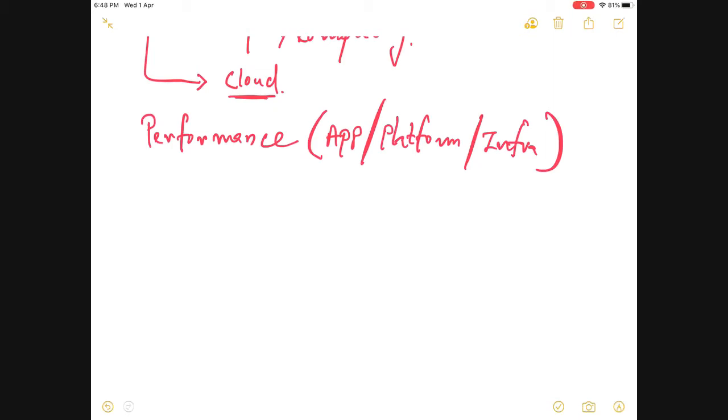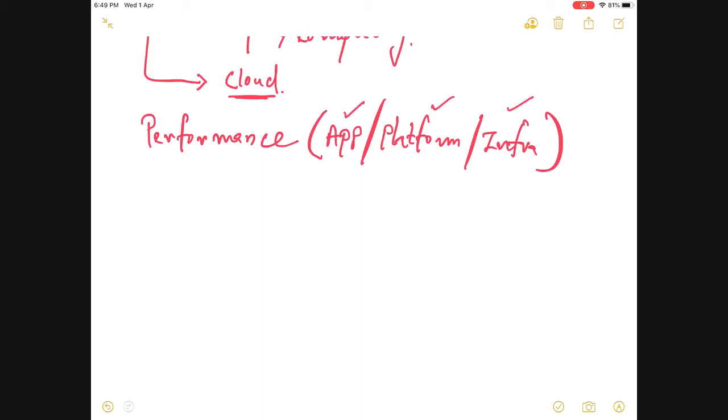Now, what is a performance in terms of that? If I am talking about an application, I'll be deciding how many customers I can accommodate at a specific point of time. If I am talking about a platform, what is my mean response time? If I'm talking about an infrastructure, I can also talk about the cost, or what is the least amount of cost at which I can provide the complete infrastructure. So all those components come under performance.